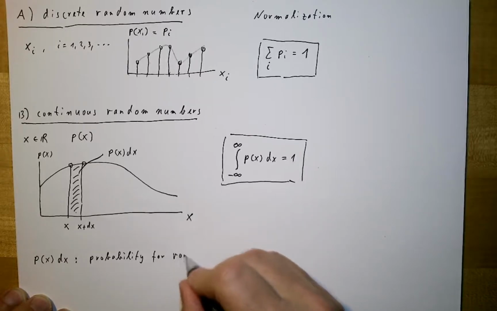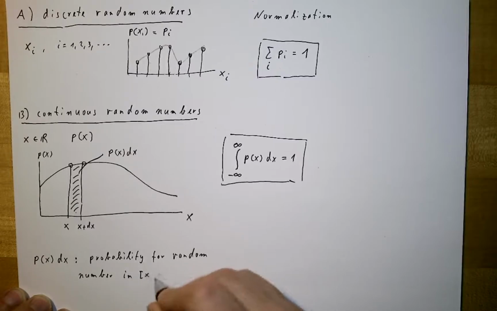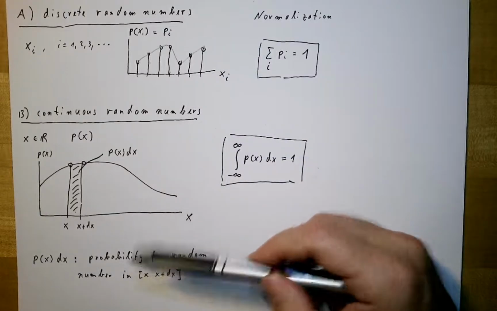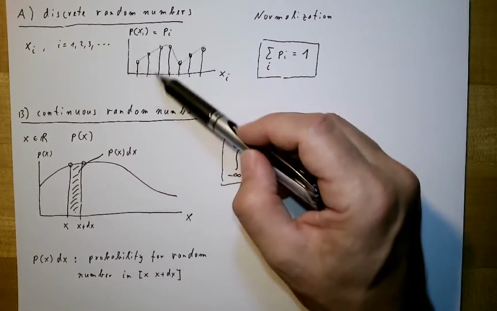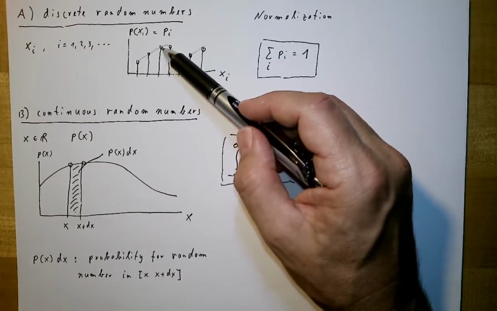So p of x dx is the probability for a random number in this interval between x and x plus dx. You always have to keep this in mind. In the discrete case, the values of our distribution directly are probabilities.